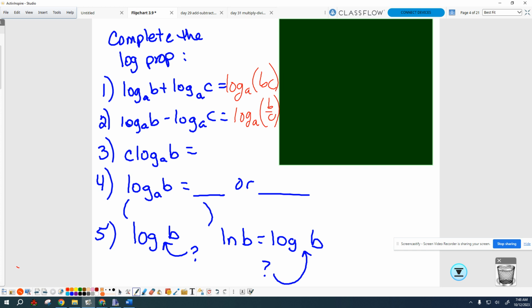Guys, you remember this thing? You move it into the power. So that coefficient out front becomes the power, and vice versa.